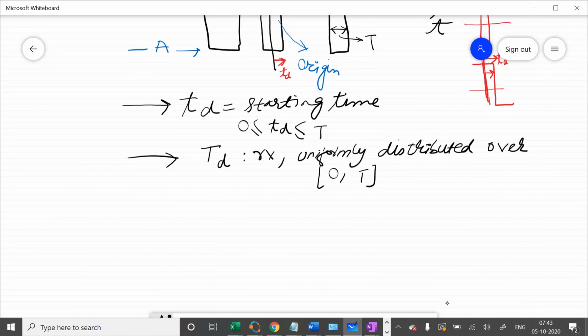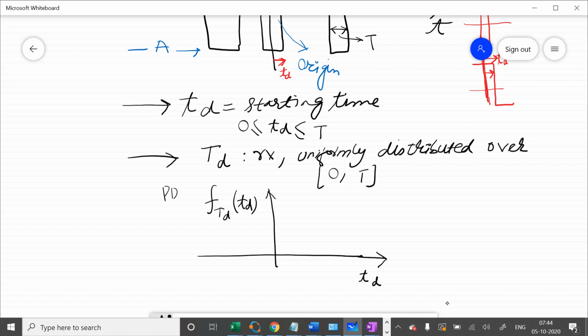When you say uniform distribution, if you plot the probability density function of this starting time td, let this axis be td, and let this be f Td of td. This is the probability density function of the starting time.